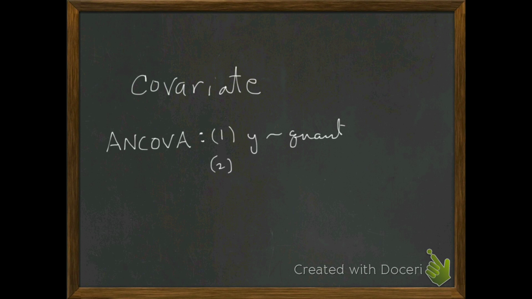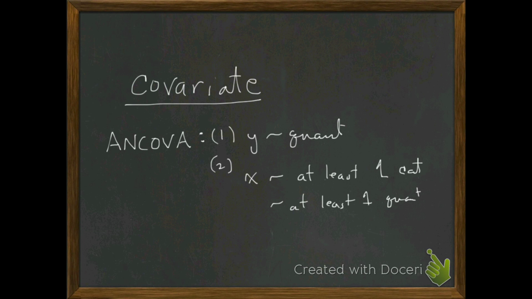And we need our x's to have at least one categorical variable and at least one quantitative variable that we'll call our covariate. You can generalize this more and more, but this is what I want to focus on for the nature of this class.